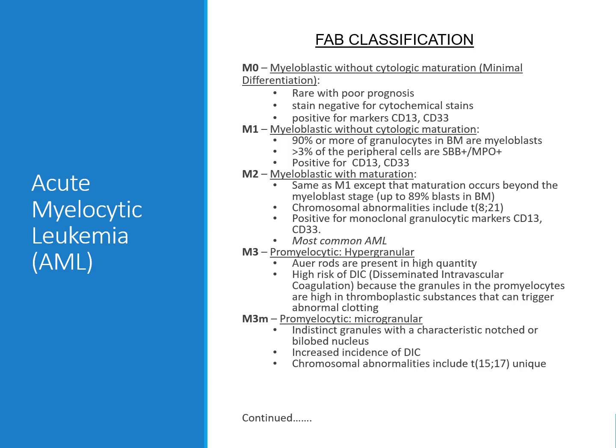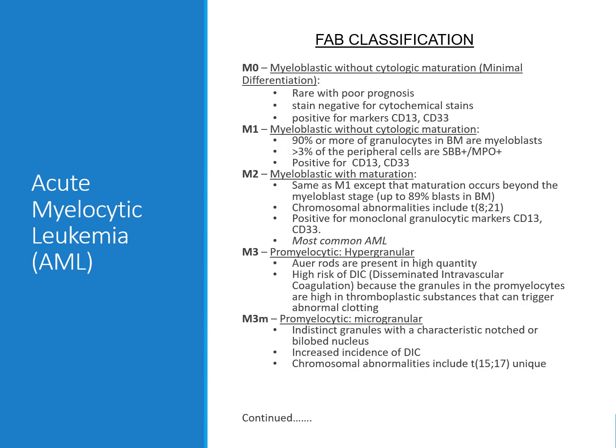M2 is the third category, and these are going to be myeloblastic with maturation. So very similar to M1, but we're going to see a greater amount of maturation here. So it's going to occur beyond the myeloblast stage. So we might have up to 89% of blasts in the bone marrow, but we're also going to have some chromosomal abnormalities that are specific to M2.